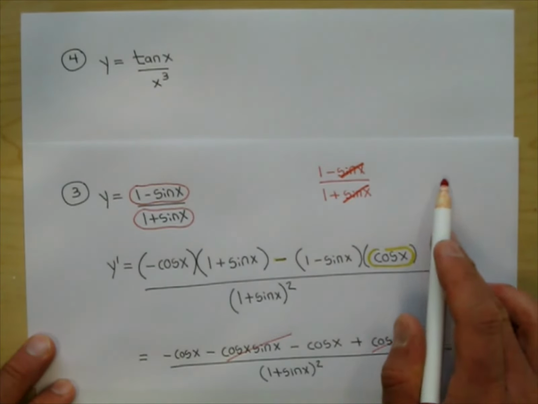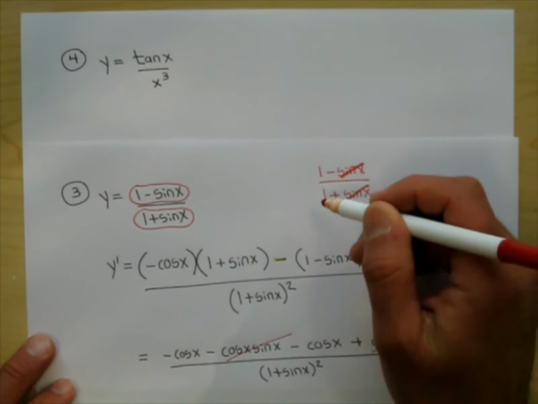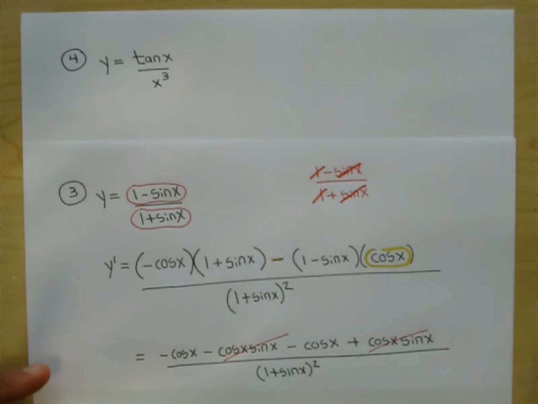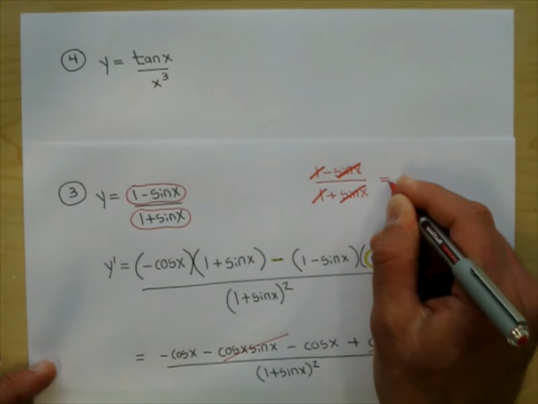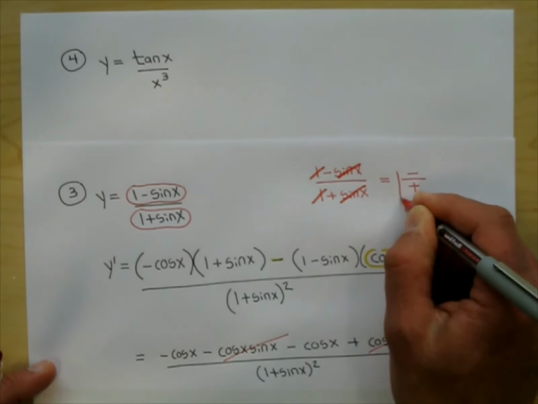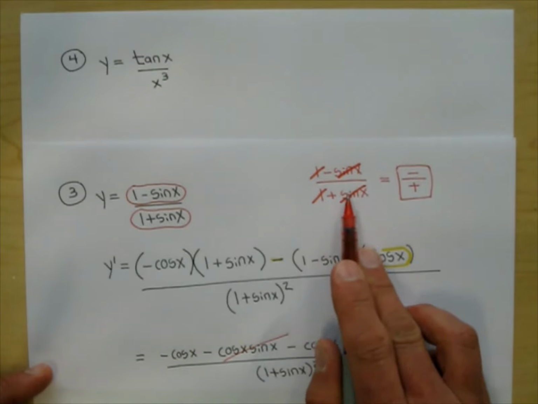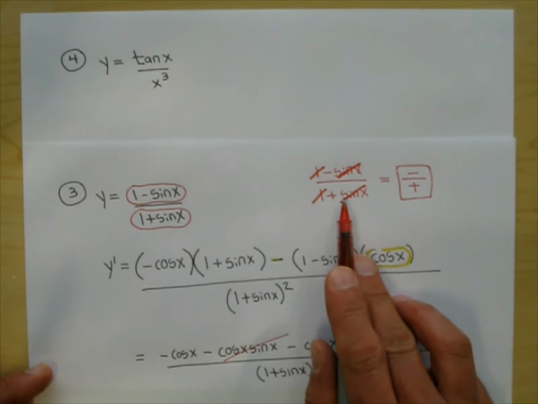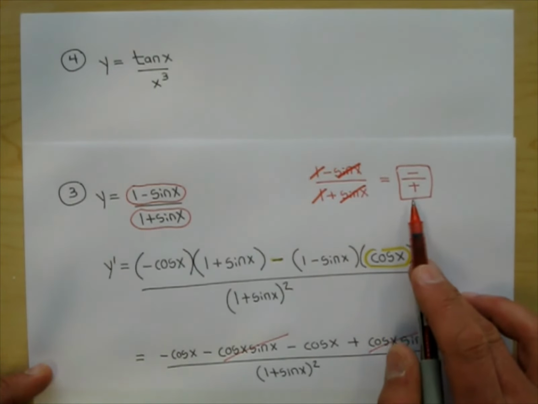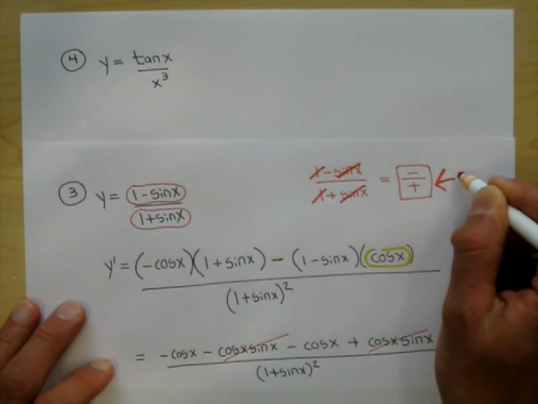I'm going to actually put an arrow pointing to this with the word bad. And then they went ahead and they canceled the 1s. And I remember seeing on the answer line, because that's what I looked at first, they're like, okay, there's the answer. And then they wrote like minus divided by plus. Okay, so this is bad.